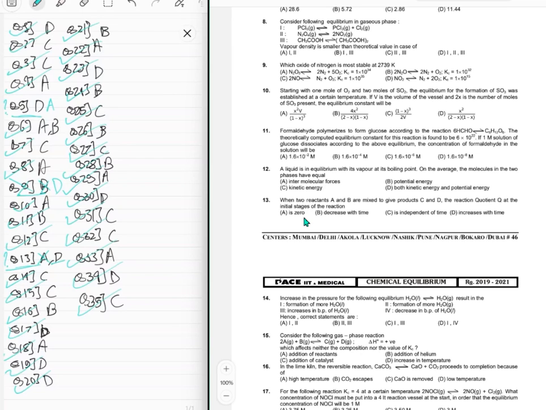And maybe that's what they mean by initial stages. Or maybe there's some kind of fixed time limit which we call initial. I don't know. So yeah, mathematically A is incorrect, but then come on, we are doing chemistry. It's approximately zero. So yeah, whatever.